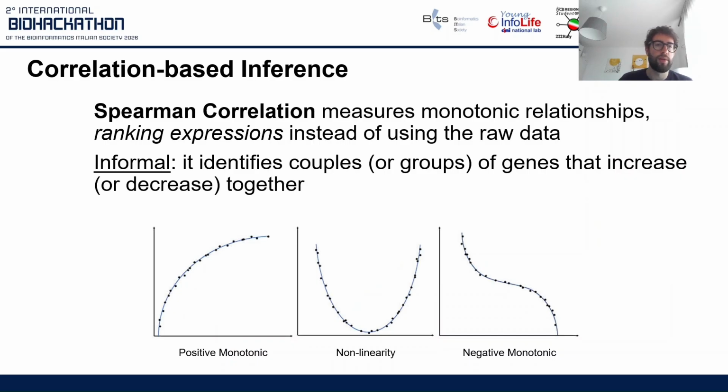But if we have different data, we may be looking at Spearman correlation, which uses ranks of expressions instead of raw data to measure this relationship between genes. And of course, if there is a high Spearman correlation, then you are looking at a couple of genes or groups of genes that increase or decrease together monotonically.